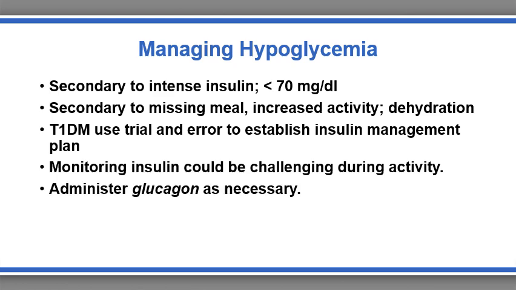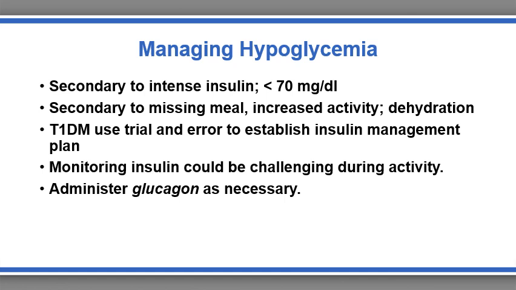And you may potentially have to administer glucagon. They may need this if their blood glucose is below 70. So this isn't if it's below 100; this is if you're getting below 70 and you tend to have some other symptoms.